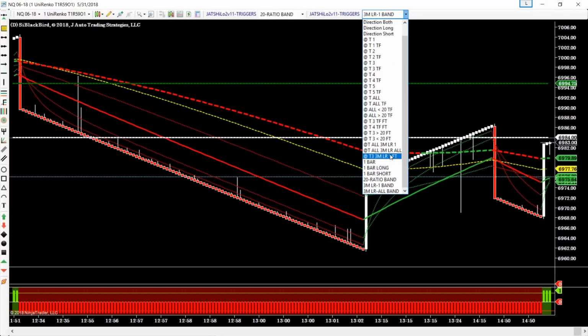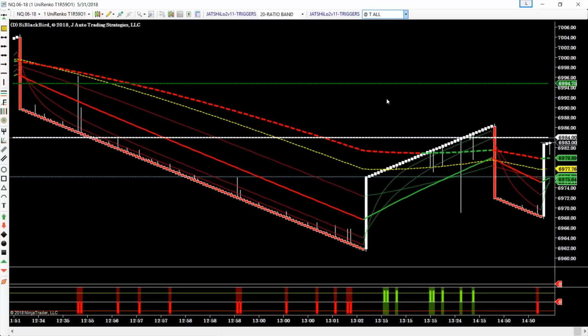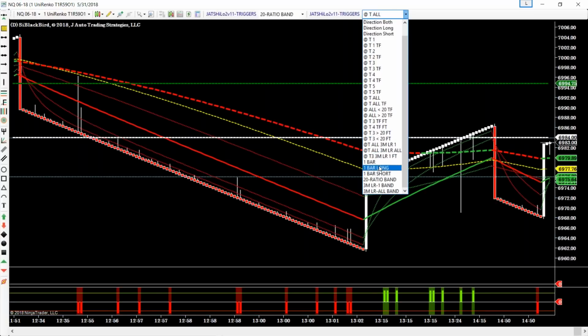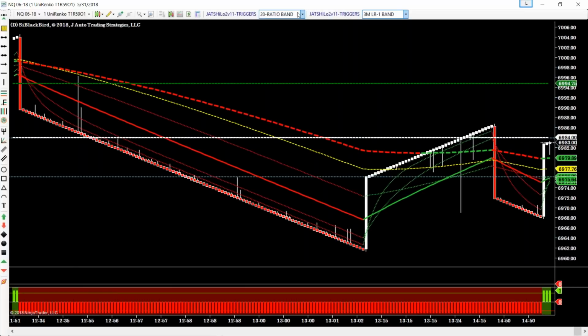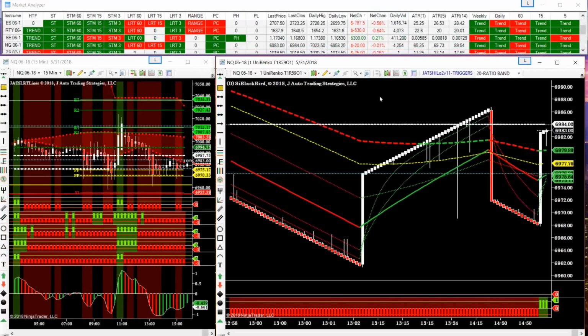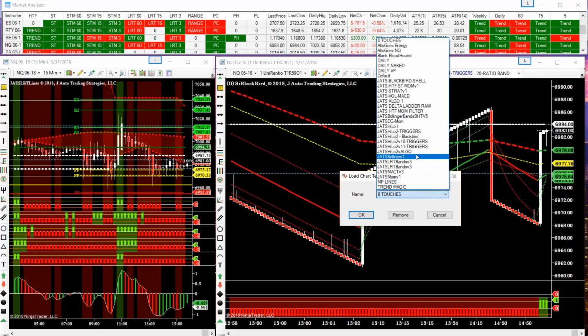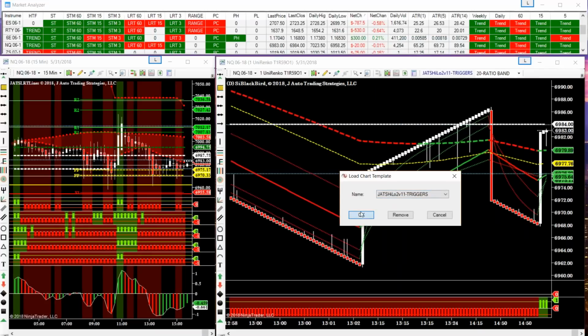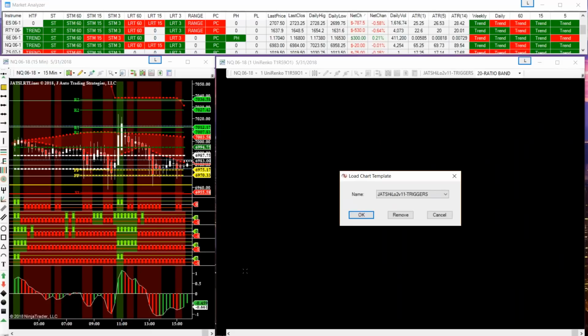here is the Blackbird. It is not on the chart anymore. Let me change the template. And I will give you a quick overview of this strategy.